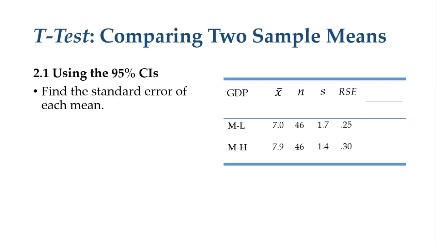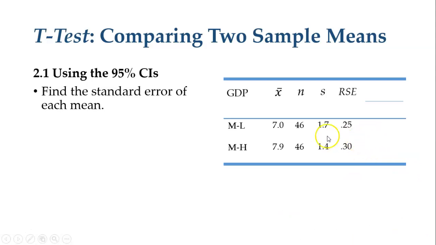To estimate the t-test, there are three methods. The first method is that you can use the confidence intervals. What you do is find the standard error for each sample mean. For instance, in this case, I'm not going to conduct the mathematical procedure here because we don't have enough time, and I taught you how to do it in the last lecture.